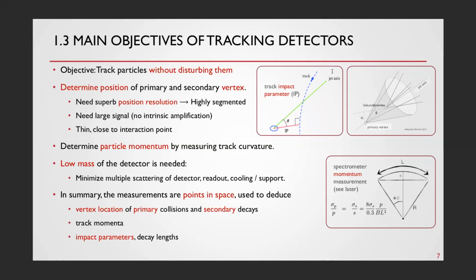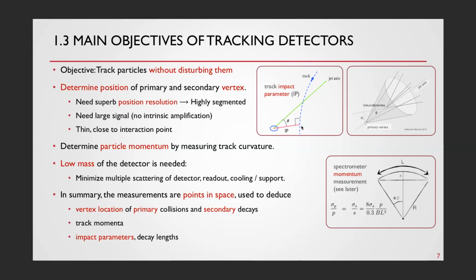So for example, we have a jet, it consists of particles. Some of these particles may be long-lived. So like here we may have a secondary vertex from a B meson, and we want to measure the particles' track with a high accuracy and reconstruct maybe these secondary vertices.